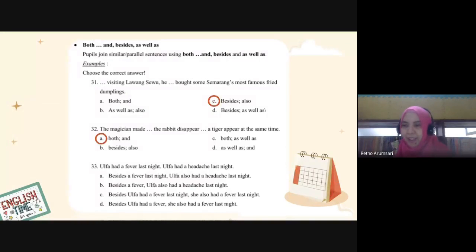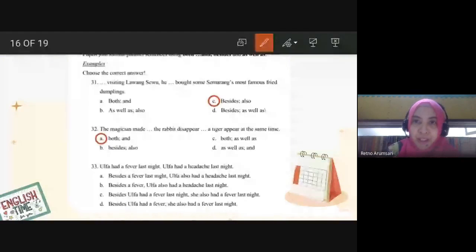Okay, thank you, Dafin. Next, let's go to Zaki. When you join sentences together like this, you have to find the differences first.